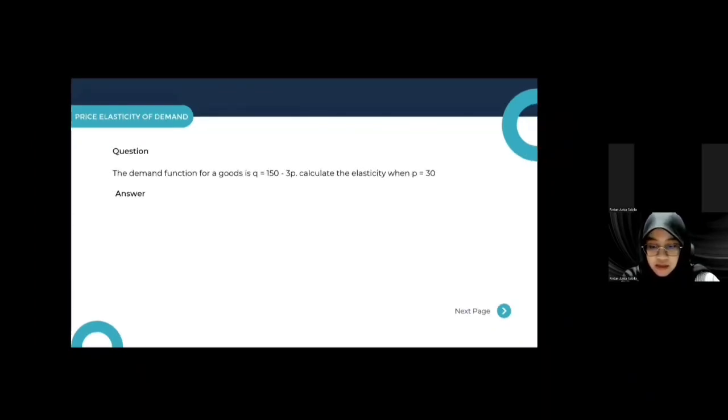So, P is 30. And we need to find Q. Times 30 is 60.